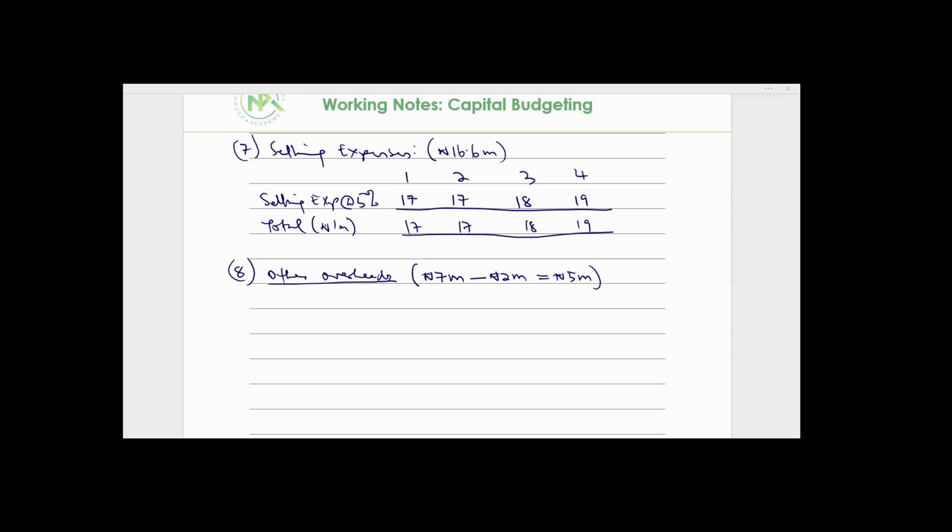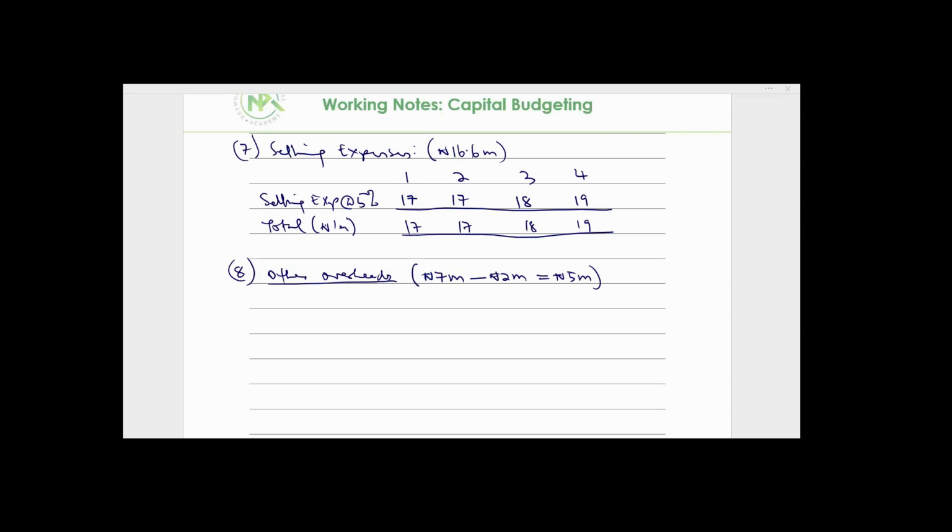So since you are told that the annual overhead of 7 million includes an apportionment, it means the examiner wants you to do something. That's why you are given that 2 million. Had it been that in this question we were not given that additional information, you are just given annual overhead, I will just ignore it because it is irrelevant. It is only when it is variable overhead that you are going to account for it.